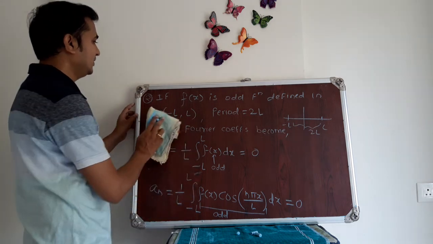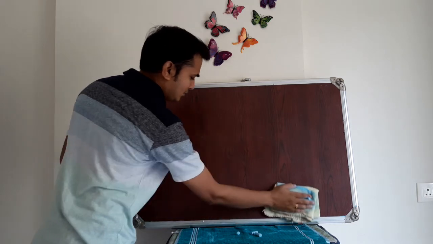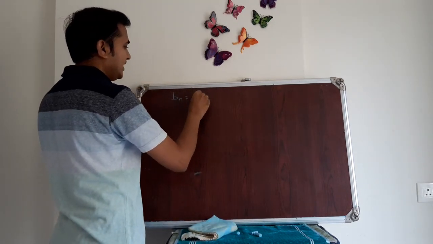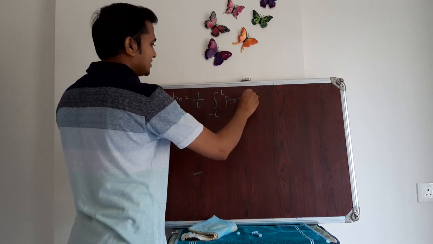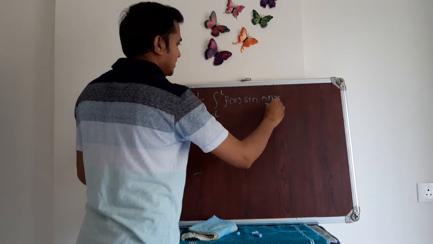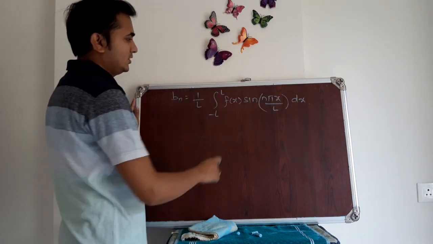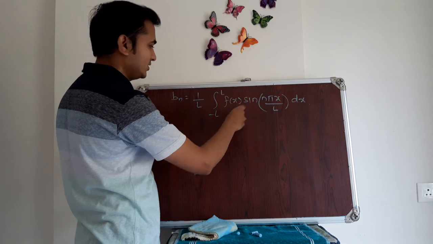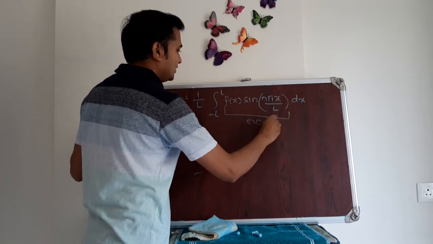Let us look at bn. bn is equal to 1 by L integral minus L to L f of x sin n pi x upon L dx. So f of x is an odd function, sin is odd, so odd into odd becomes even.